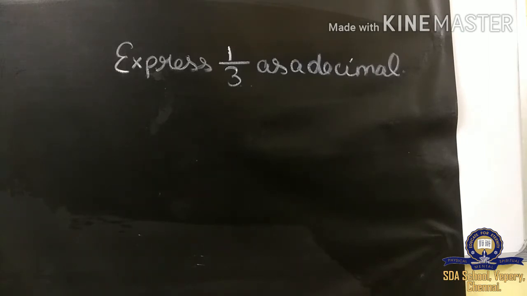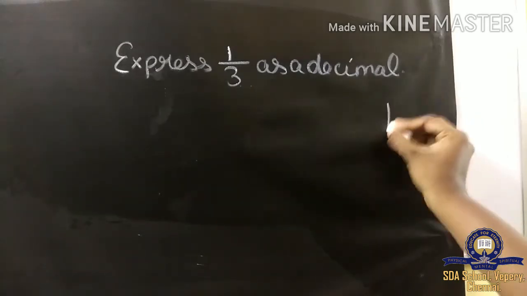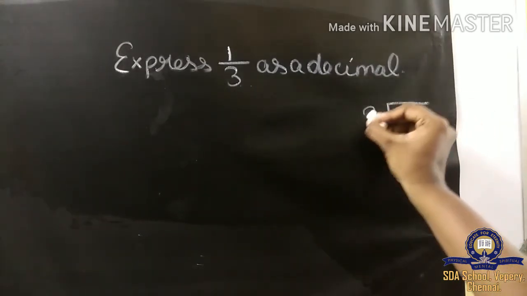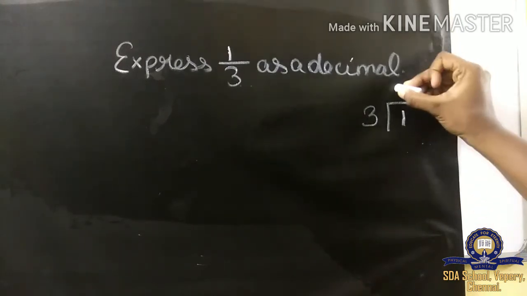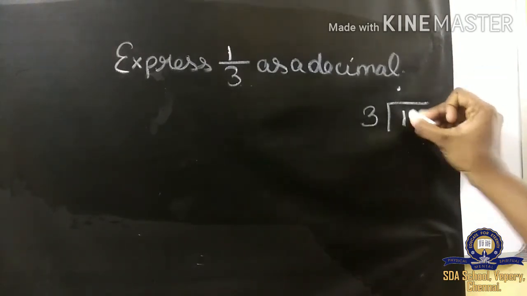Express 1 divided by 3 as a decimal. Here we are going to express this fraction as a decimal. If you divide, your divisor is 3 and your dividend is 1. So here we are going to add 0.